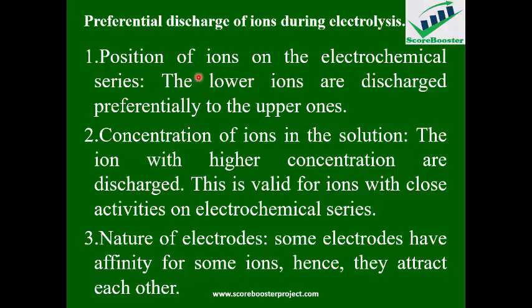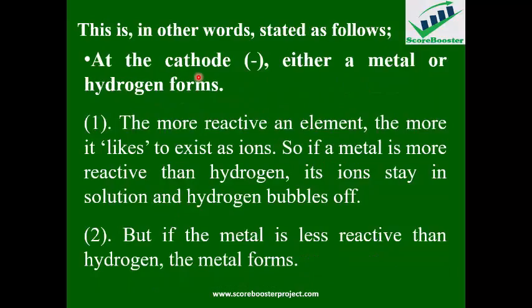Like now, you have sodium salt and you have a mercury electrode. Then they love each other. They form sodium mercury amalgam. That is the nature of the electrode. But if we have a neutral, inert electrode, these first two points are valid in determining which of them will get discharged.